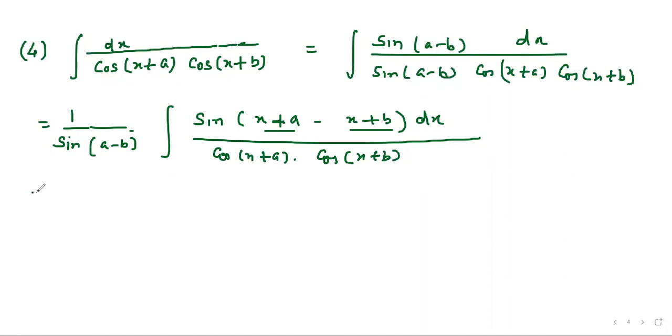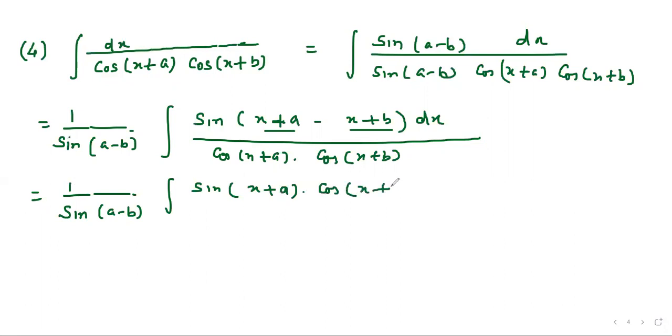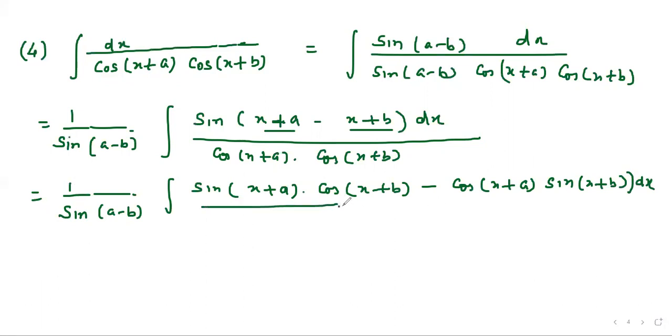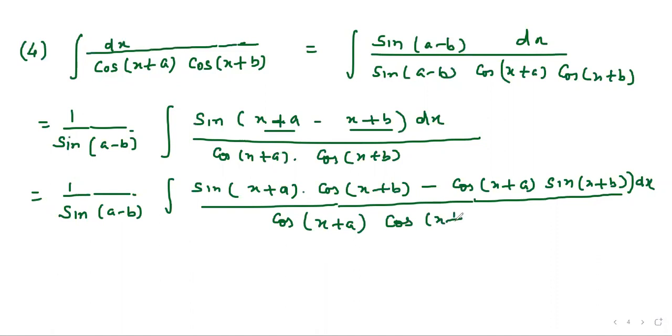Now we expand the numerator by using the formula sine of a minus b: integration of sine x plus a cos x plus b minus cos x plus a sine x plus b, dx divided by cos x plus a cos x plus b.